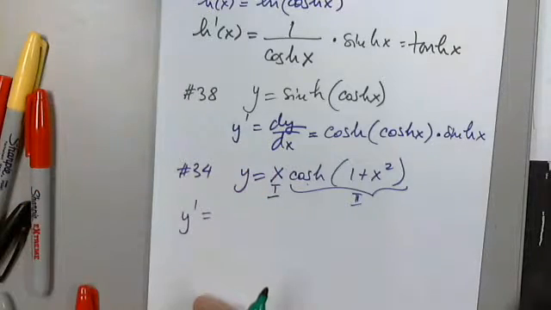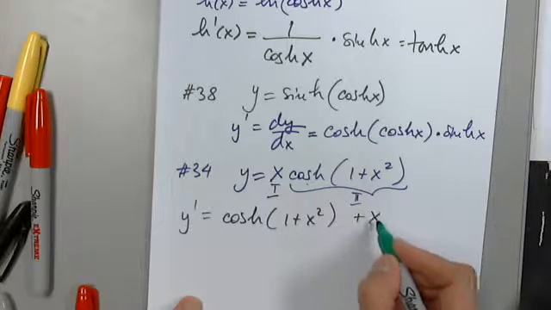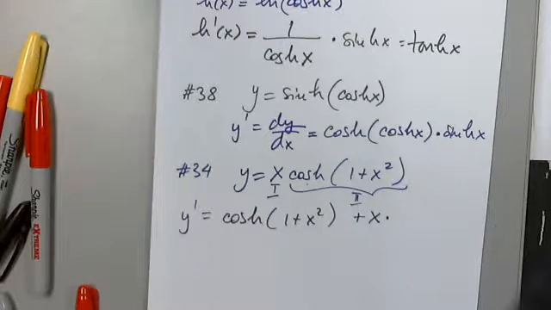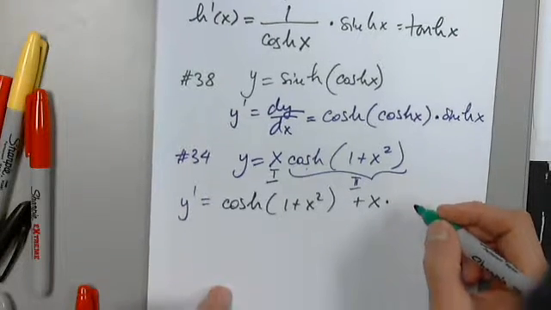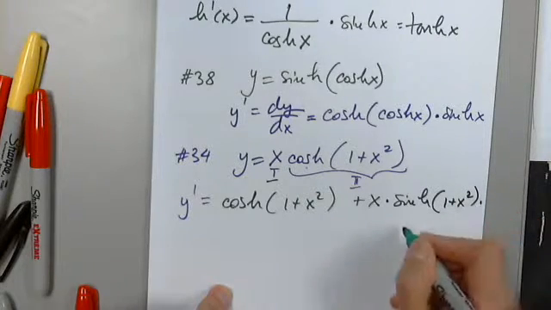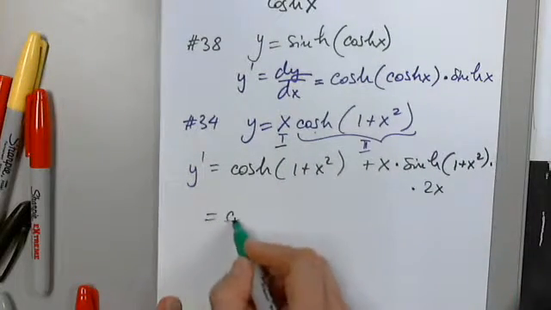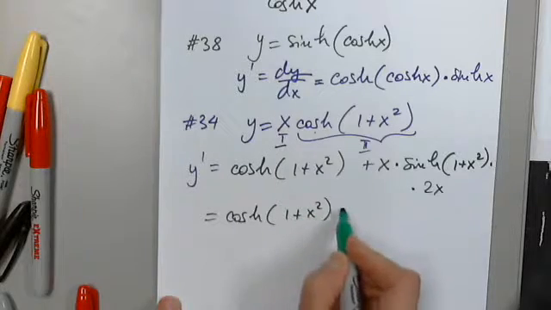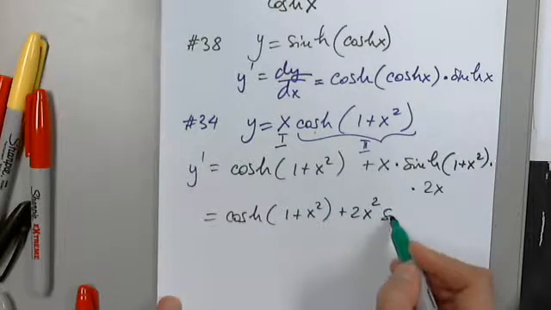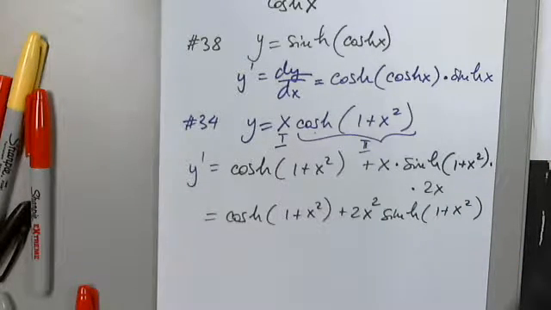The first function prime, hyperbolic cosine 1 plus x squared, plus the first function times the second function prime, times the inner function prime, 2x. So I can rearrange it a little bit and write hyperbolic cosine of 1 plus x squared, and I put this in front as 2x squared hyperbolic sine 1 plus x squared. Now make sure you don't confuse hyperbolic cosine with regular cosine when you differentiate. Regular cosine prime is negative sine.